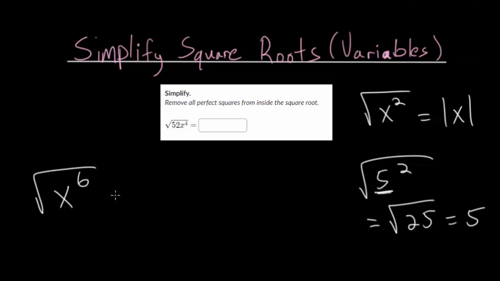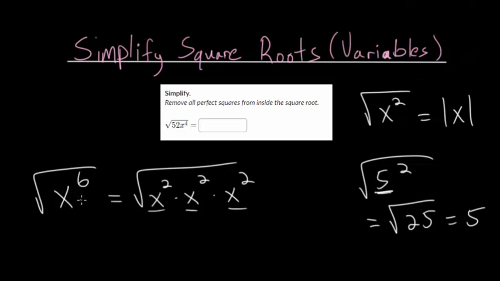And x to the sixth, remember, we can rewrite this as just x squared times x squared times x squared, since they have the same base, so you would just add the exponents. Or in other words, you have 2 x's here, 2 more there, and 2 more there, so in total you still have 6 total.